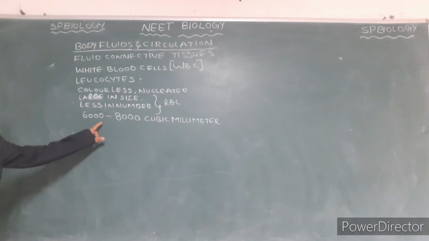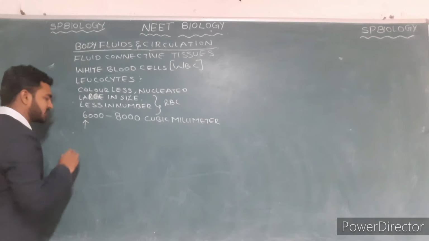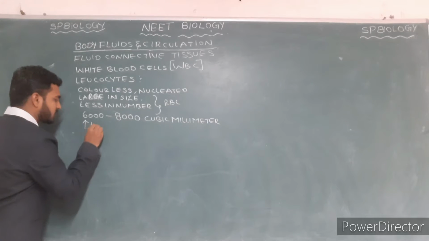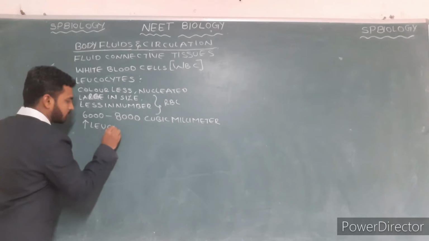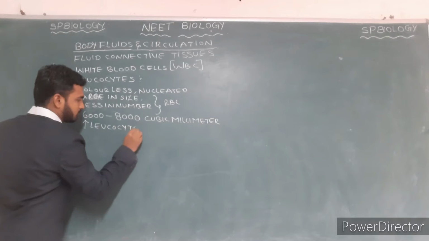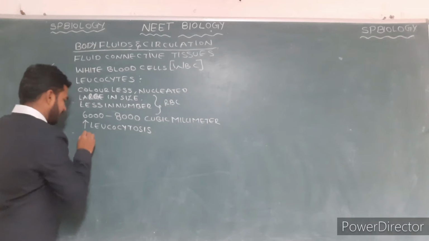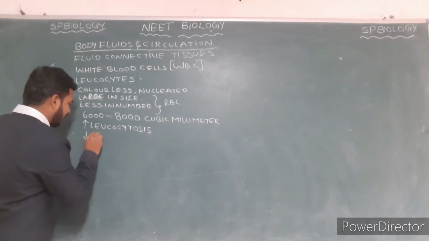If there is an increase in WBC, it is known as leukocytosis. A decrease in WBC count is known as leukocytopenia.